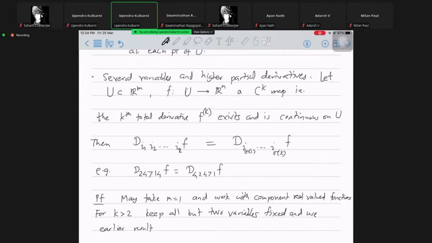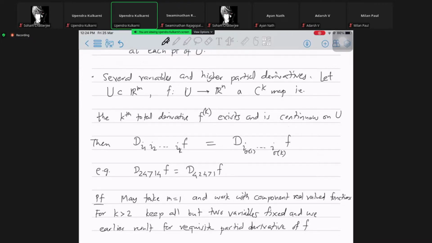I have to use this for the requisite partial derivatives of f, not just for f.